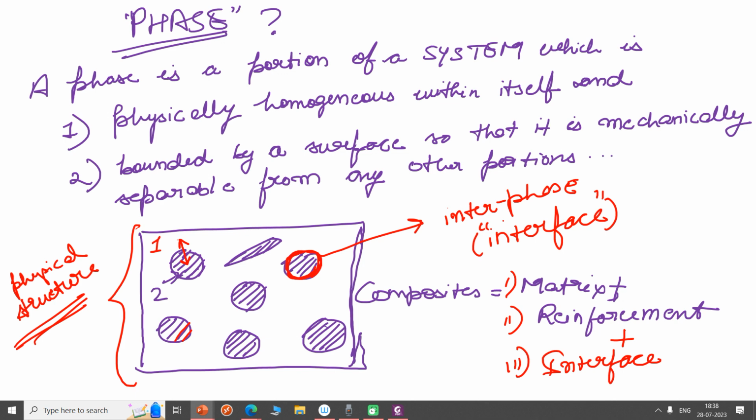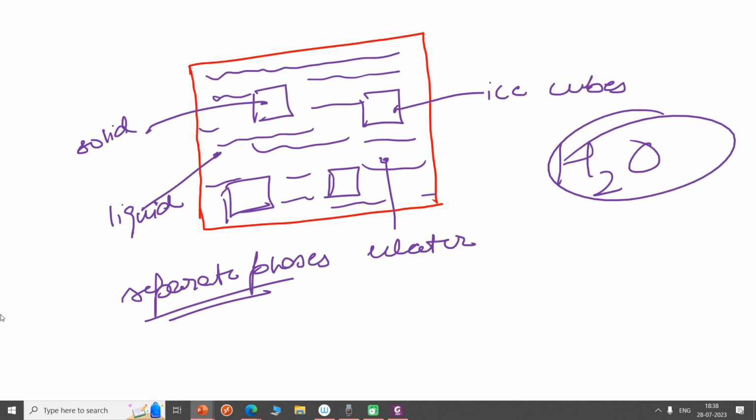And this interface plays a very important role in, let's say, composites and such systems. The identity of a phase is preserved by its physical structure, even though their chemical nature could be the same. Chemically they might be similar, but physically distinct.